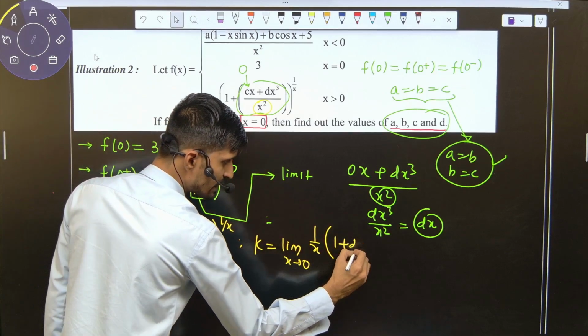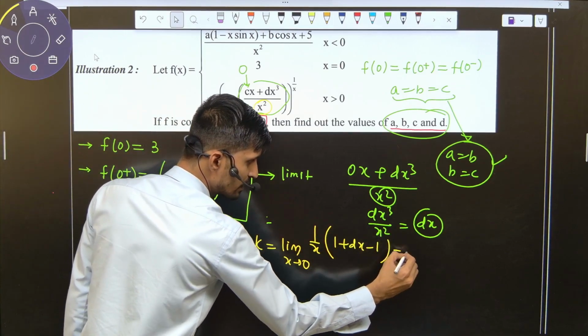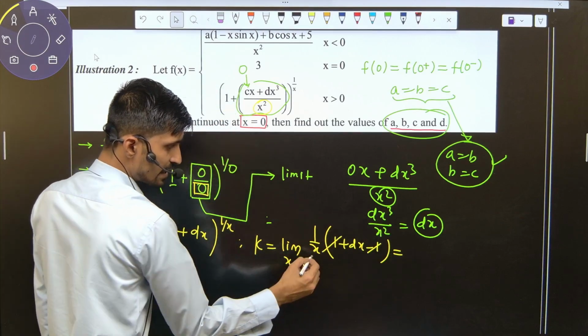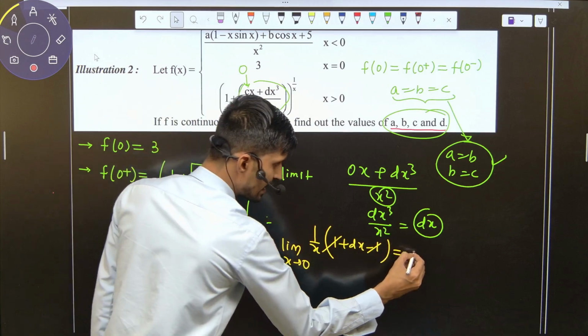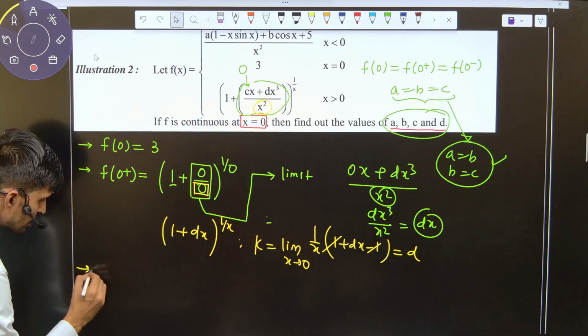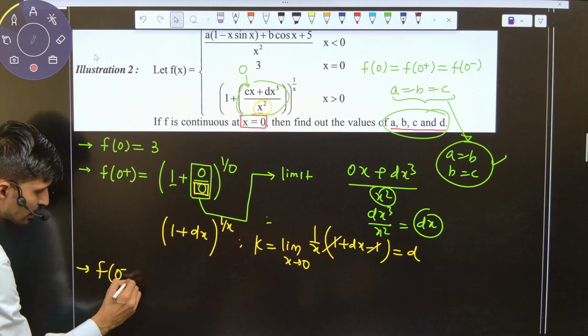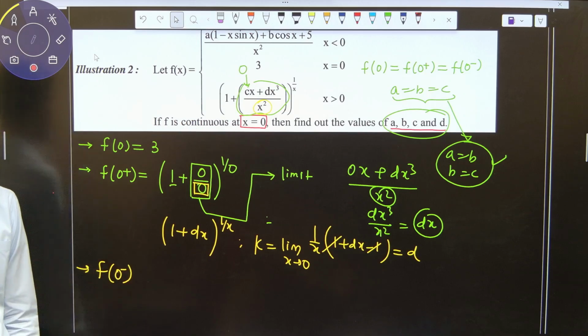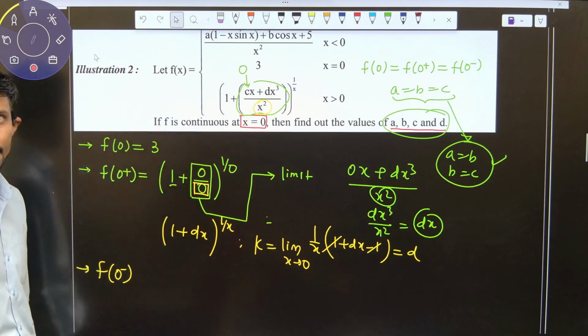So 1 plus Dx minus 1, plus and minus cancel. This x will cancel with x and that will come D. It means that value is D. f of 0 plus is D. And I am going to check 0 minus. f of 0 minus, 0 minus from this.